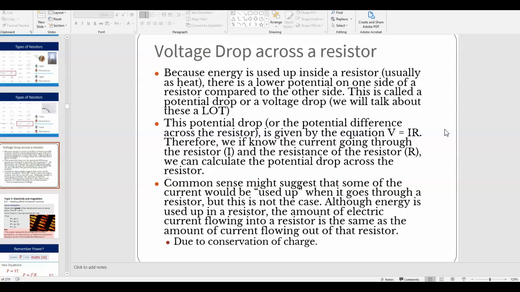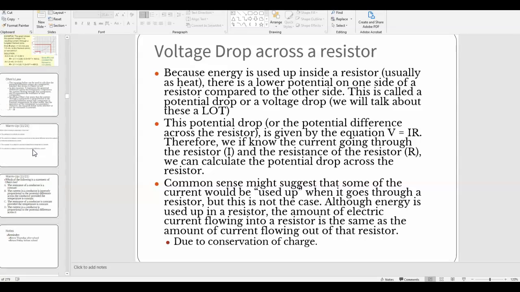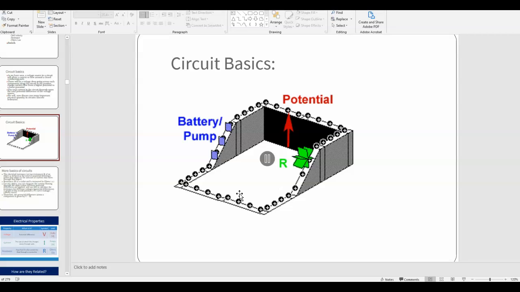And we kind of saw a little animation a while back with a little conveyor belt system. Let me see if I can find it. Something like this. And so when we talk about a voltage drop, we know a voltage source like a battery is used to lift charge up to a higher potential, but when that charge goes back around, that potential gets used up, and that energy gets used up inside the load.